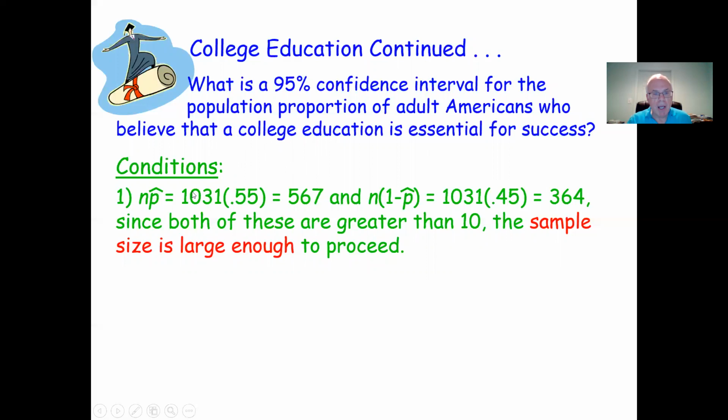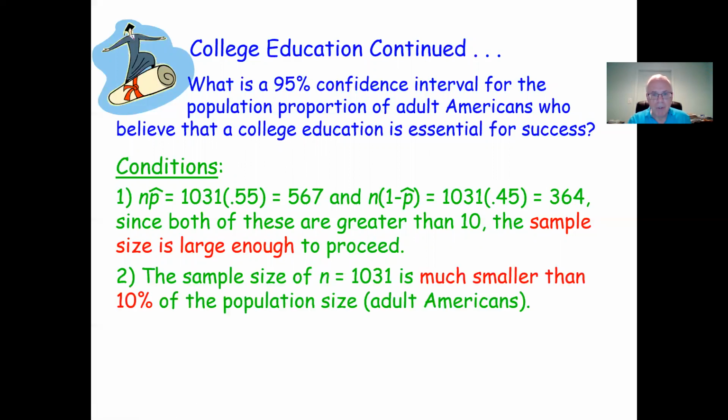So when you multiply 1,031 times 0.55, you get 567. That's very much bigger than 10. And then when you multiply 1,031 times 0.45, you get 364, also much greater than 10. So we meet that condition.